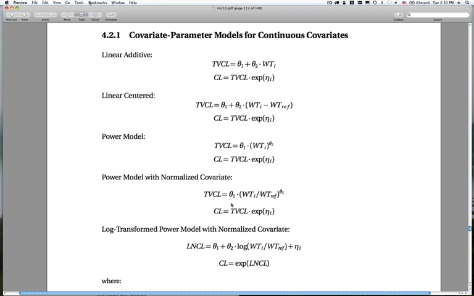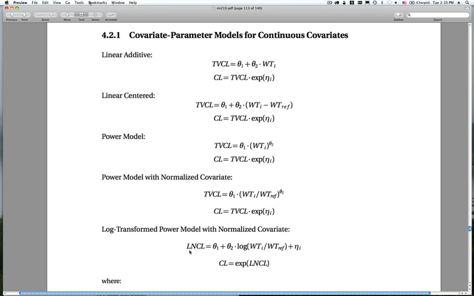Now, another way you might code this is by using a log transformed relationship. This is particularly useful when you're interested in creating a model structure that is consistent with the assumptions about the parameter estimation distribution. So the parameter estimation error, we assume, follows a multivariate normal distribution, and that's what's displayed to us in NONMEM in the variance-covariance matrix of the estimates.